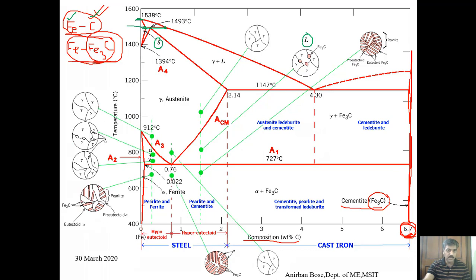The composition of this point is 0.1% carbon. What is the composition of this point? The composition of this point is 0.18%.